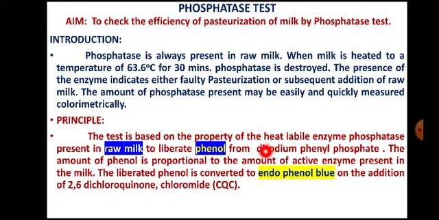Now this disodium phenyl phosphate, as it is an enzyme reaction, we all know about enzyme catalyzed reactions. Whenever there is an enzyme, there is a substrate. The enzyme combines with substrate. There is formation of enzyme substrate complex.